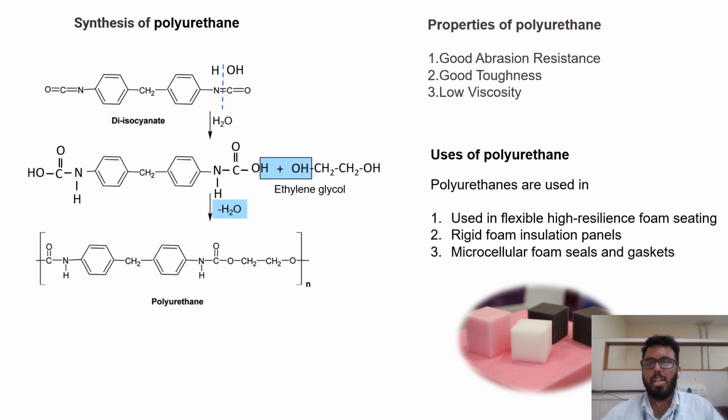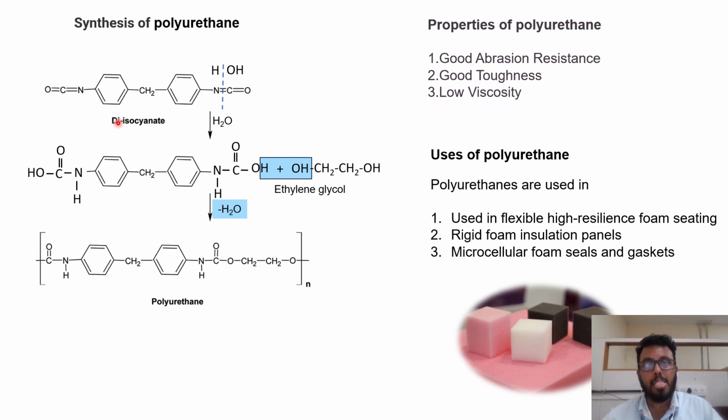So in my lecture, I will cover four condensation polymers. So this is the third condensation polymer, synthesis of polyurethane. So here we are going to take the monomer diisocyanate, which has two phenyl rings attached, in between there will be a methylene group, and also you have the isocyanate group on both ends.